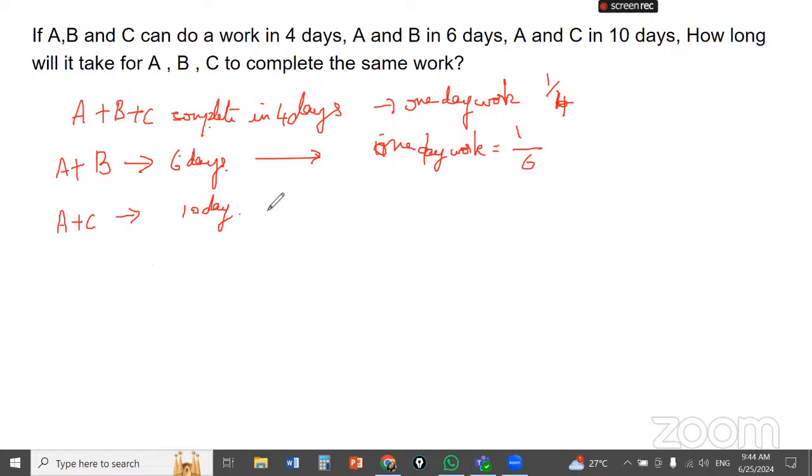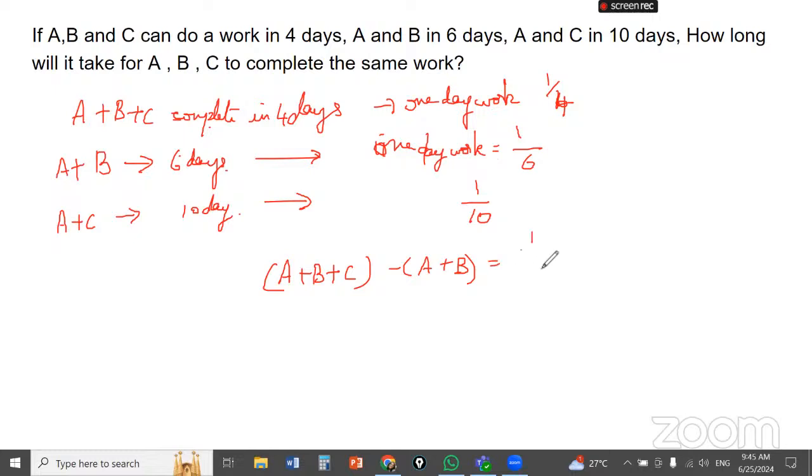And A and C, their 1 day work is 1 by 10. So if we subtract A plus B from A plus B plus C, we get the answer for C alone, the 1 day work done by C alone.